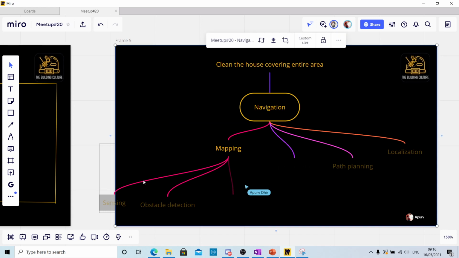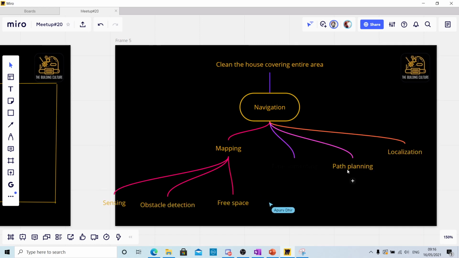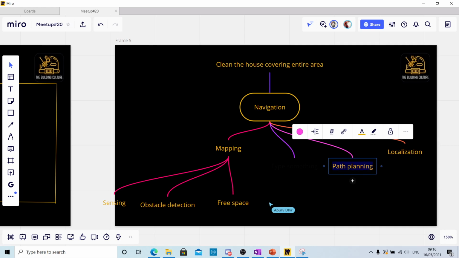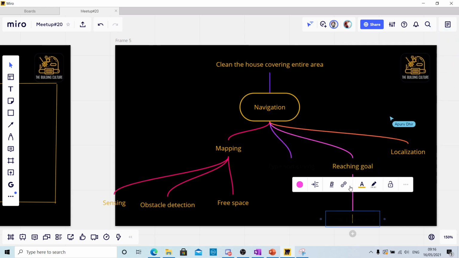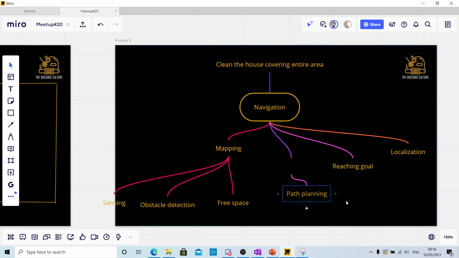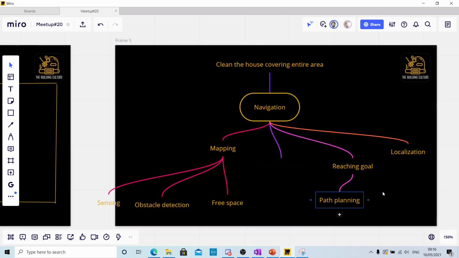Yeah, just leave it written, because we can keep it that way. Okay, and then there's reaching goal, and I think taking the goal into account, the path planning would come under this category. Also, correct me if something is not correct.